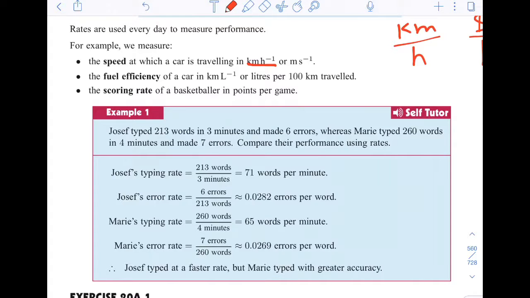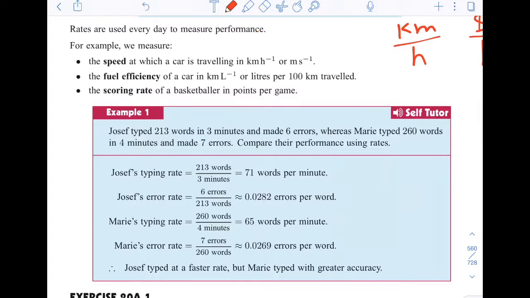The -1 just means that it's on the bottom of the fraction, so that's just a similar way of writing km over h. Or meters per second will be m over s. The -1 just says that it's on the bottom of a fraction. So it's the same idea, it's just how our book's going to outline it. So when you see that notation, we know what it means.